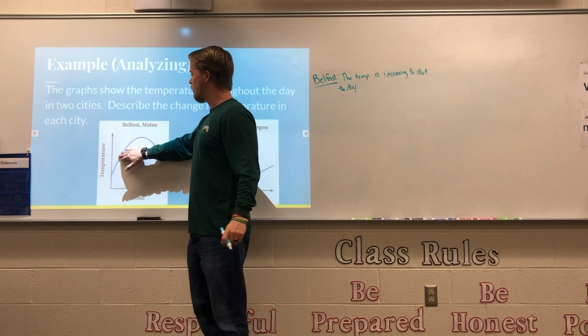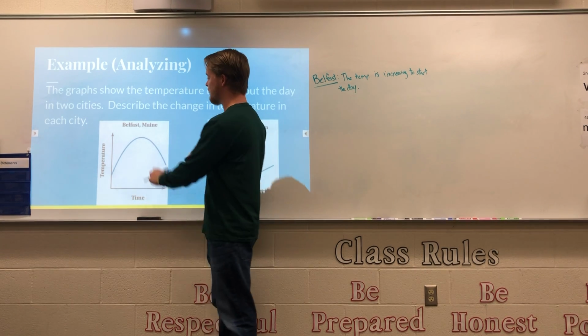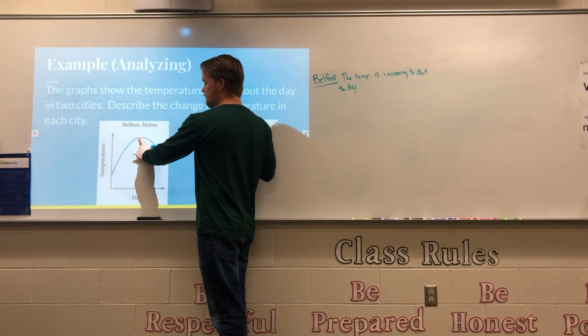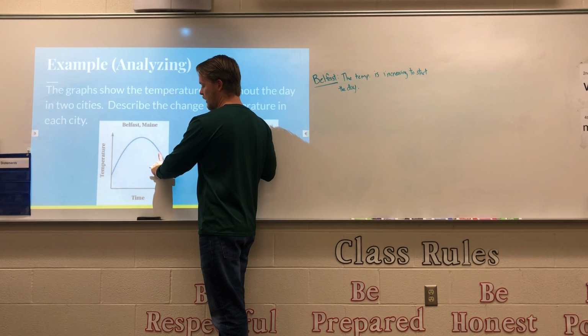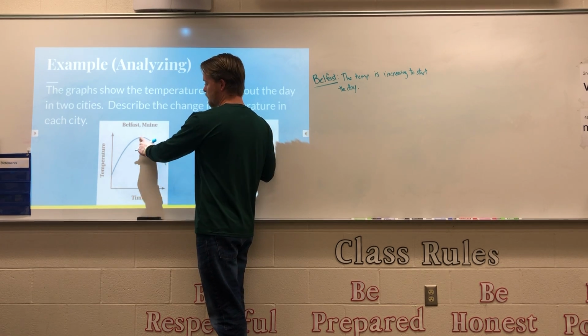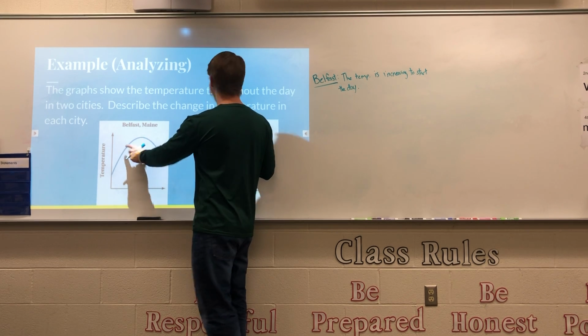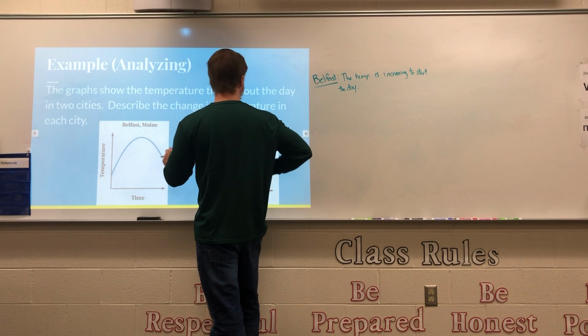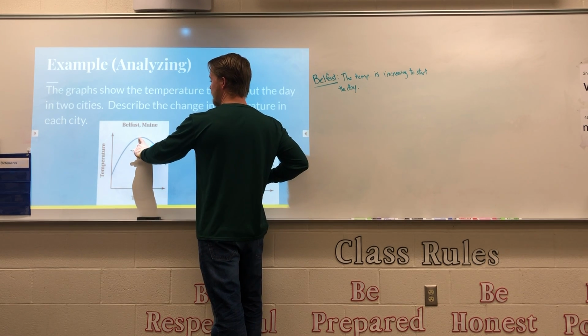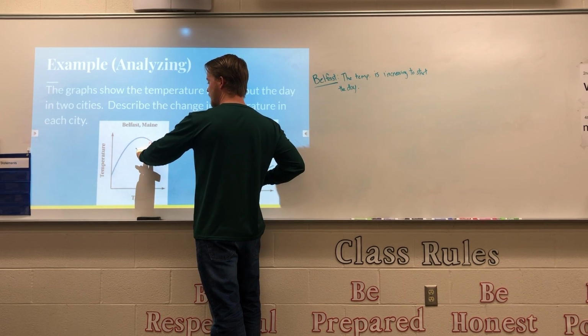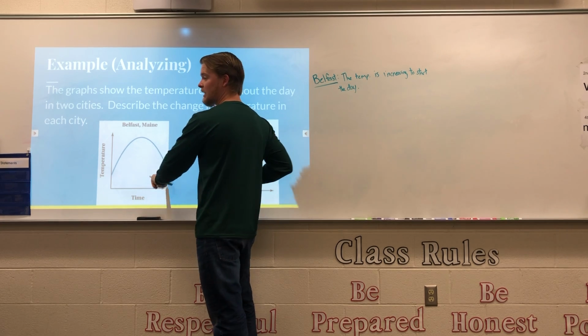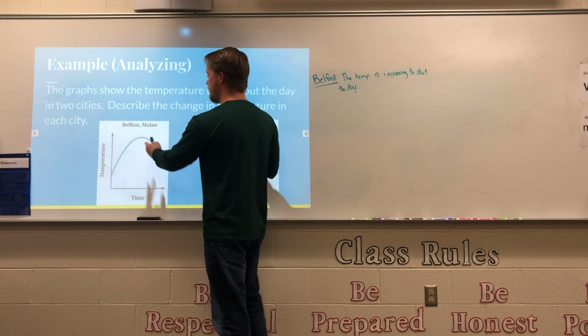Then we get to the peak, its highest temperature of the day, and then it starts to slowly go down, and then it goes quicker and quicker down. With this curving downward more, this would say after the temperature increases to start the day, it then decreases slowly and starts decreasing at an increasing rate, because it's going quicker.